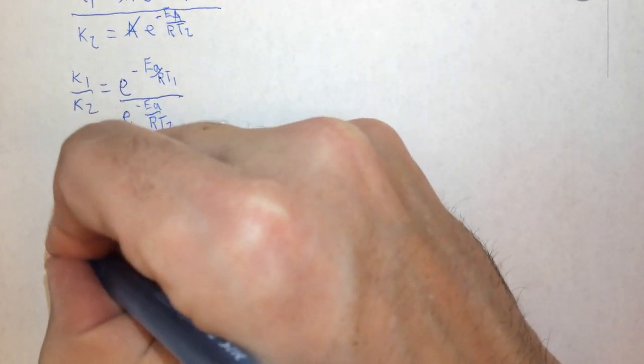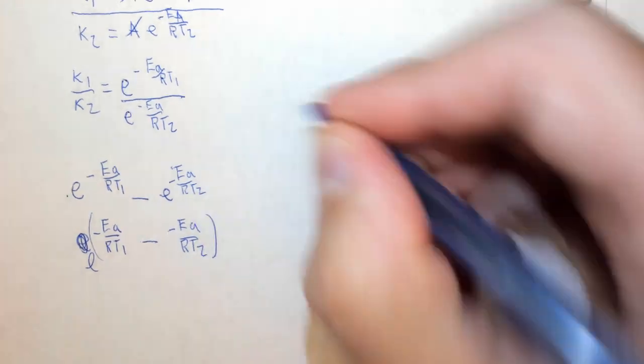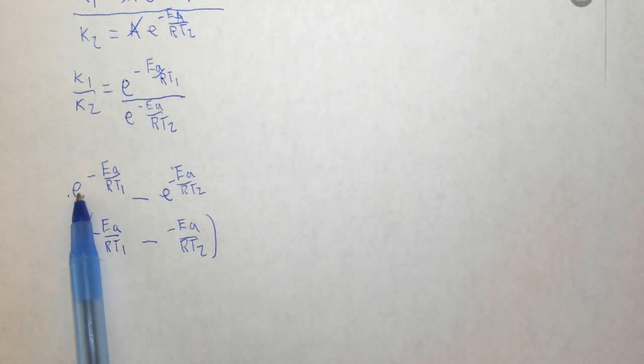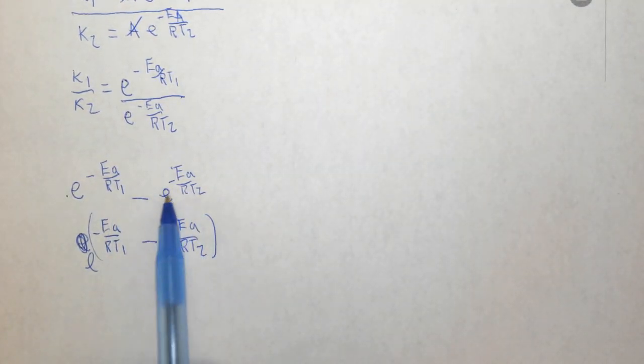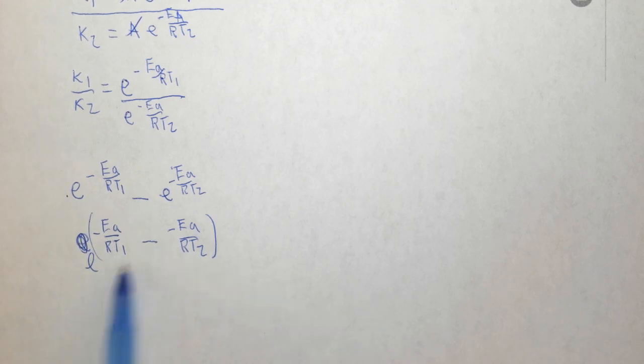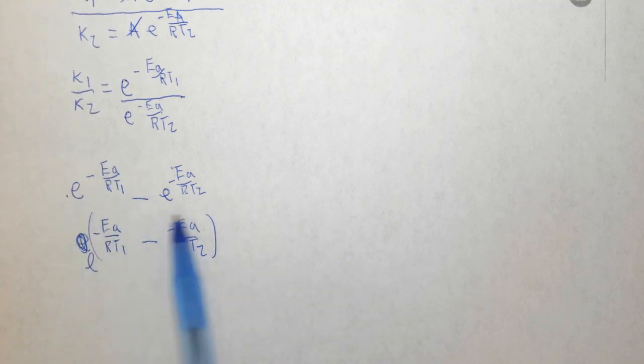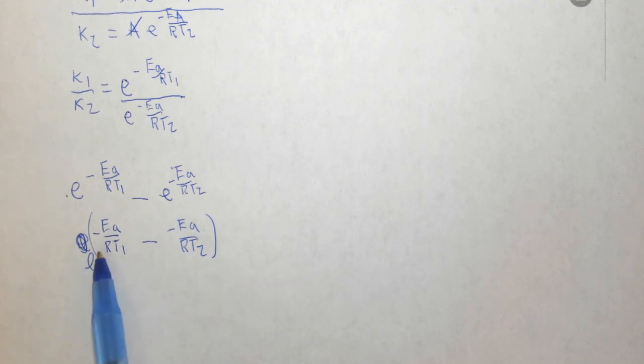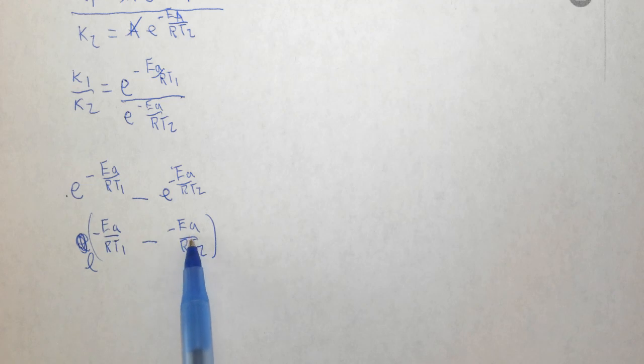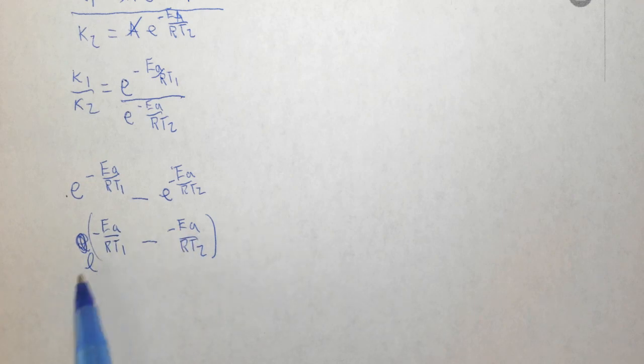So now e is raised to this entire power. Because we're subtracting exponents, we can bring the e out and we can subtract them and then take the exponential here. So basically, we went from this whole expression minus this whole expression to pulling the e out, and then now we have minus Ea over RT1 minus Ea over RT2. Now what I want to do is pull out negative Ea over R because it's in both cases.